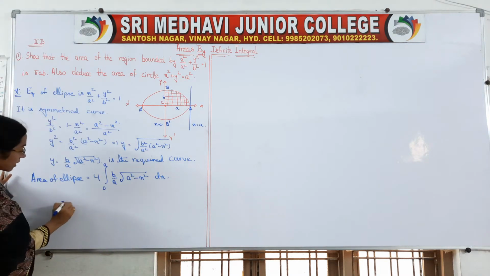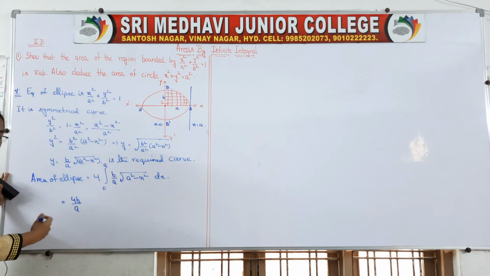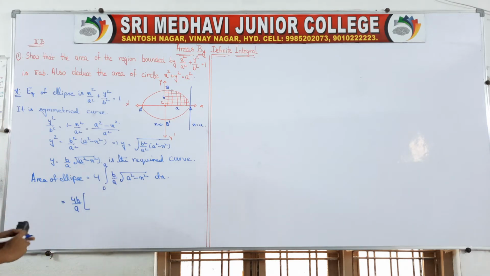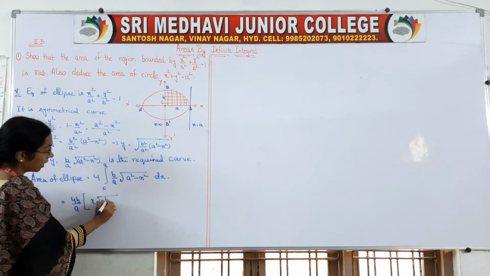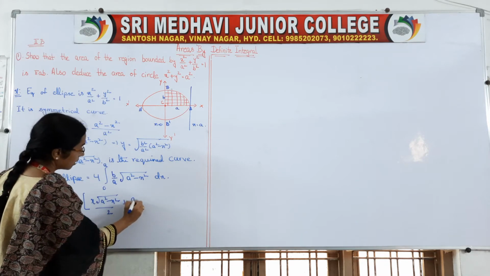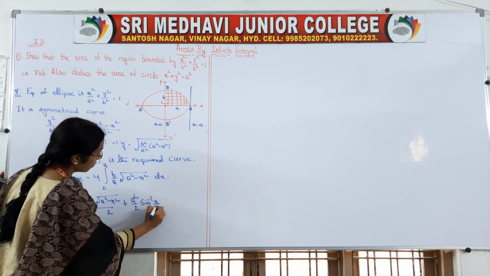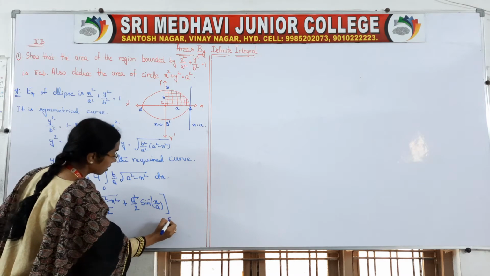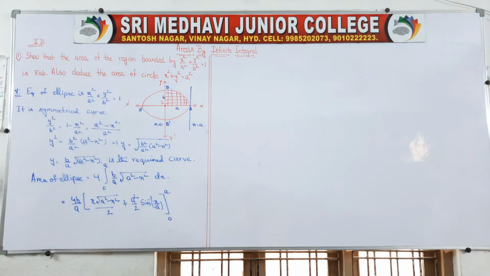This can be written as 4b by a, constant, that's why writing outside, and the integral of root a square minus x square is x into root of a square minus x square by 2 plus a square by 2 into sine inverse of x by a. Okay, the limits are 0 to a.